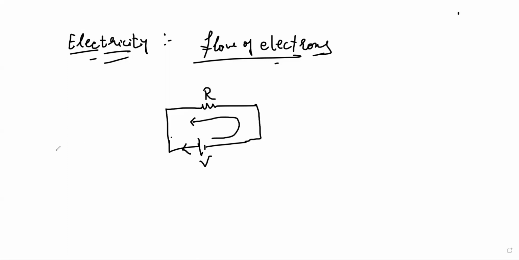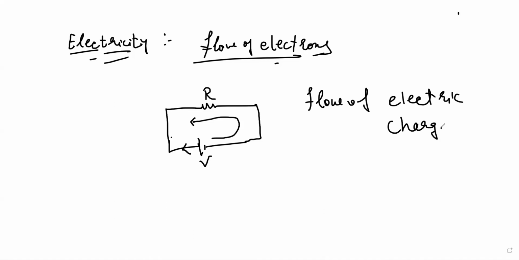The flow of electric charges through a circuit is called electric current. So flow of electric charges. Then electrons are negative charge, right? Yes, electrons are negatively charged particles.